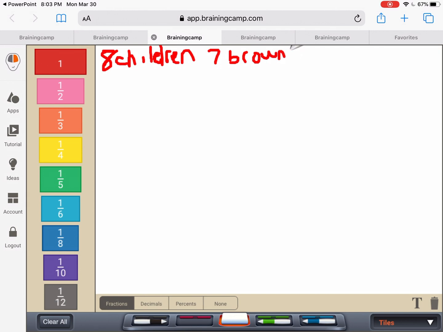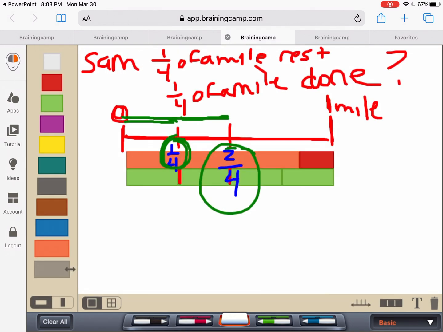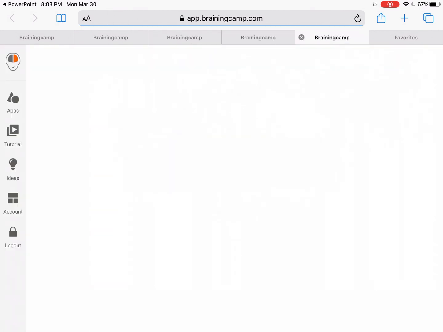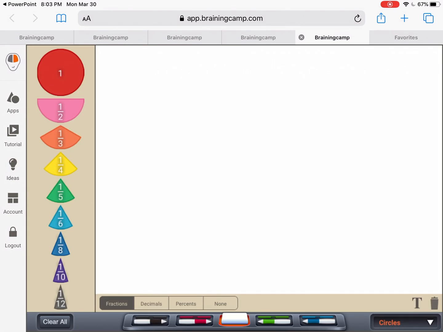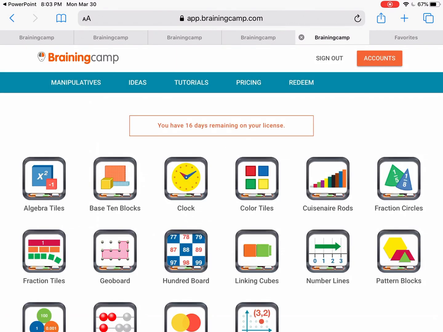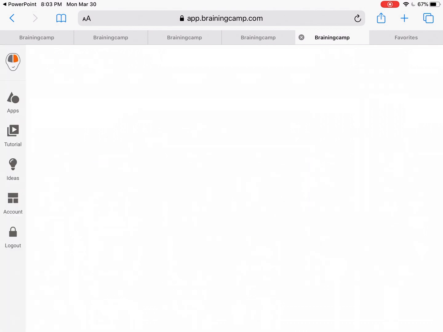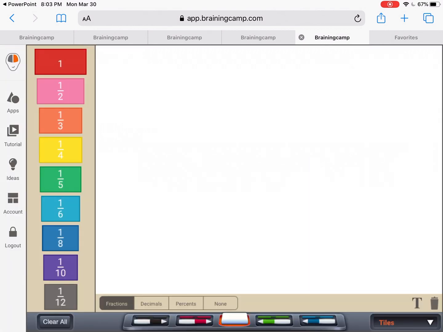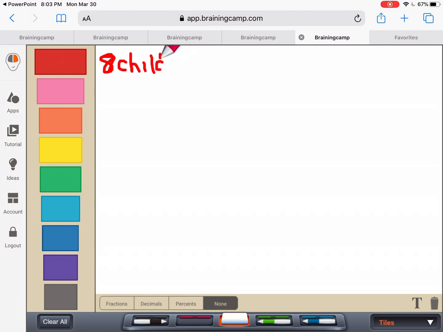Oh my goodness. Now how am I going to get all this back on there? Start back over. Let's get that back. Don't know why that just went like that, but we'll do that. It's okay. Okay. So 8 children and 7 brownies.